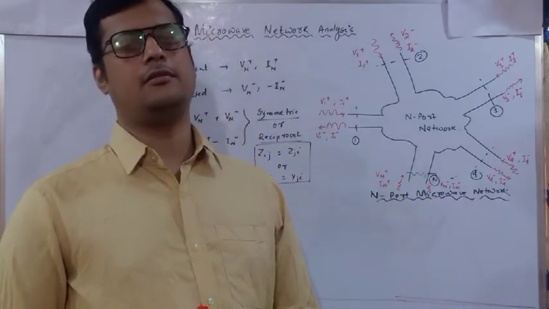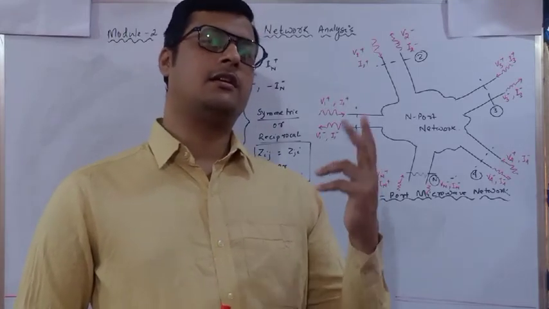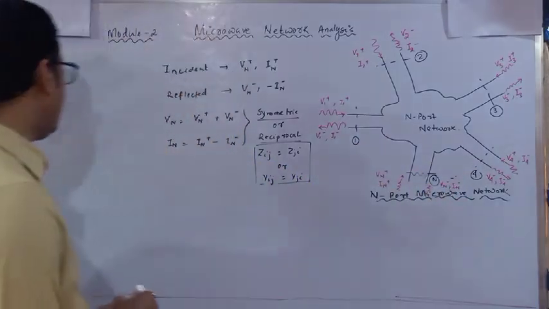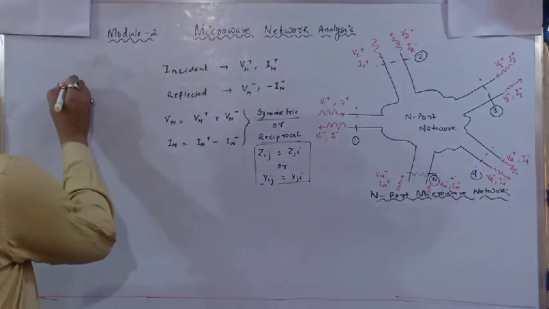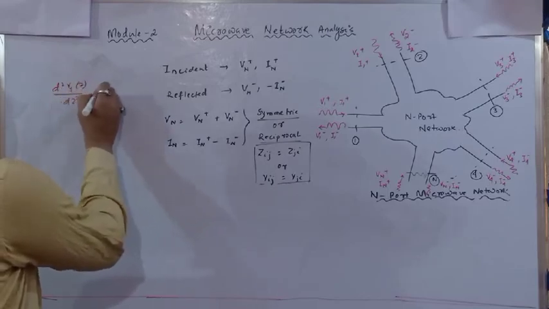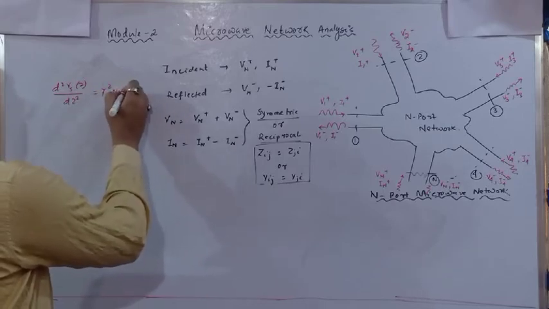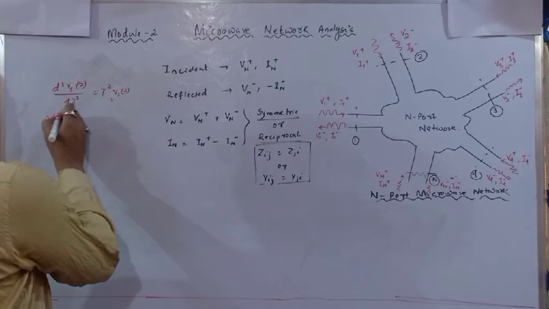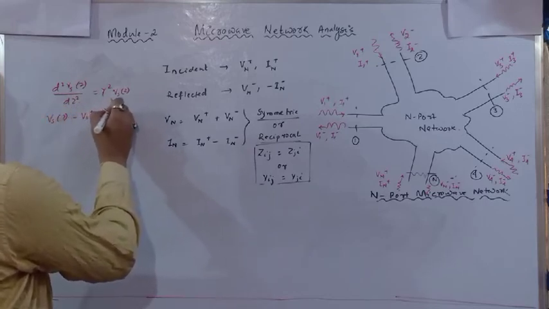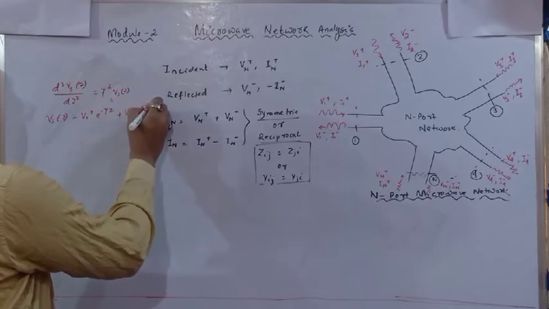So we have the solution of the wave equation in terms of potential and current as V plus and V minus with respect to Vs of Z. The solution we have got with respect to d square Vs by dz square equals gamma square into Vs of Z. From this, the solution we have got is V0 plus e to the power minus gamma Z and V0 minus e to the power plus gamma Z.